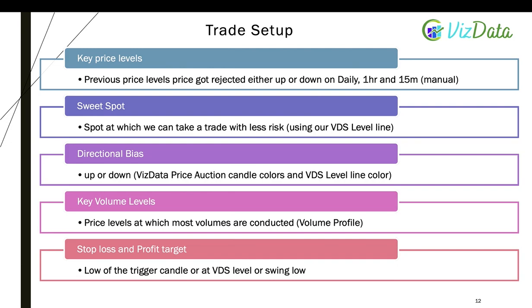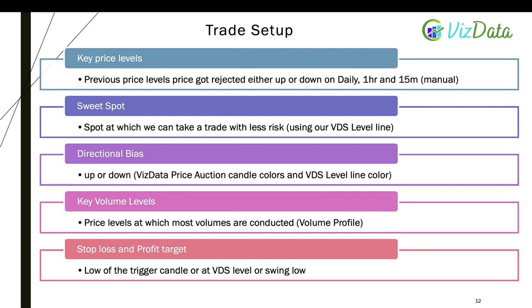We can see what is the area in which 70% of today's volume is being conducted, which is very, very critical. Out of which there is a concept called point of control, which is the midpoint at which most of the volume is being conducted, and then a high value area and a low value area. So there are two lines which I will show you in the graph.